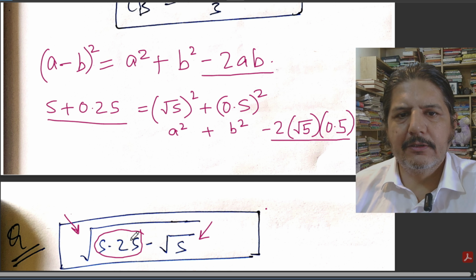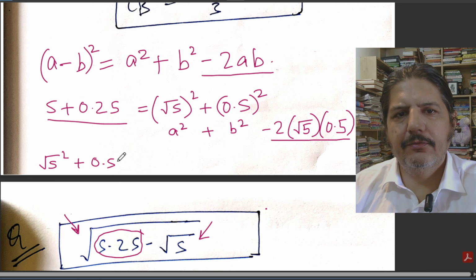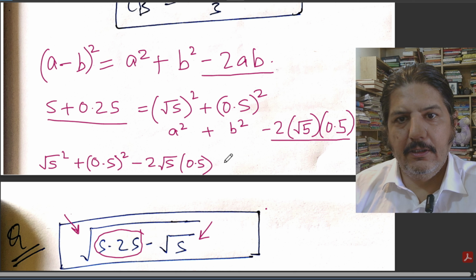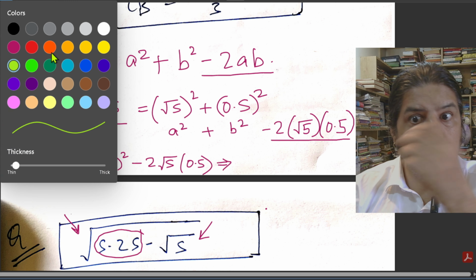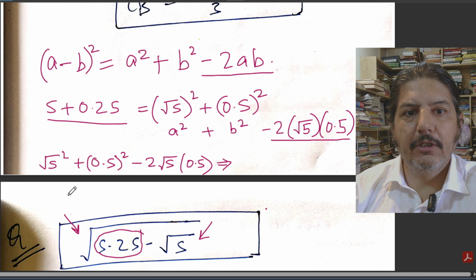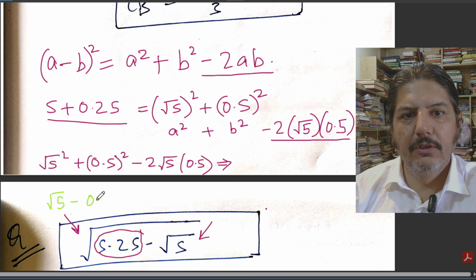So basically this expression, I will write as root 5 square plus 0.5 square minus twice of root 5 into 0.5. Now I hope you have understood that this is equal to root 5 minus 0.5 whole square.